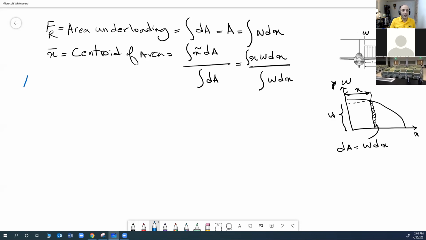Okay, so now let's substitute and figure it out. So FR equals the integral of W dx, and W is given by minus 300 plus 2.4 x cubed, dx. What are the bounds of the integral for this integration? 0 to 5.